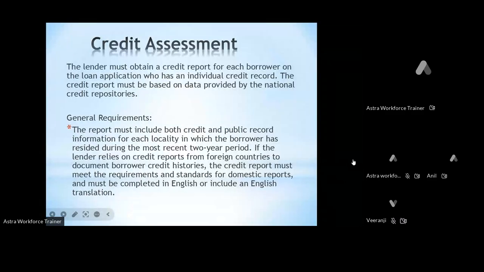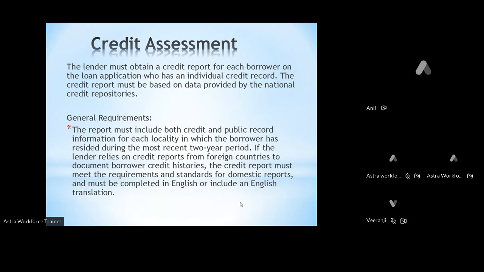Is my screen visible? Yeah, it's visible. Anil, can you please read it out? Credit assessment. The lender must obtain a credit report for each borrower on the loan application who has an individual credit record. The credit report must be based on data provided by the National Credit Repositories. General requirements.